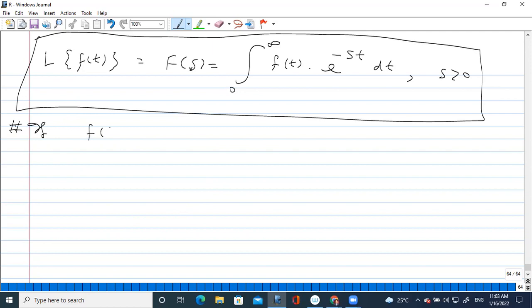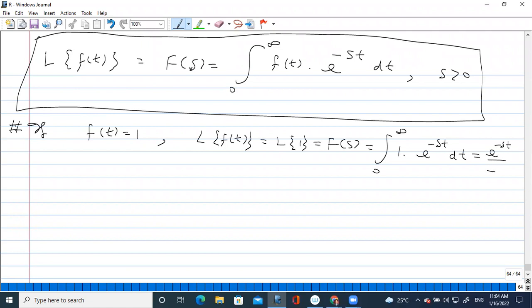So if my f(t) is equal to 1, then what will the Laplace of f(t) be? Or you can say the Laplace of 1 is what? Or you can say it is F(s). So it will be the integral from 0 to infinity. In place of f(t), I will write 1, then e to the power minus st dt. So you can integrate it. It is e to the power minus st by minus s, limits 0 to infinity. So it will be 1 by s and the minus is inside now.